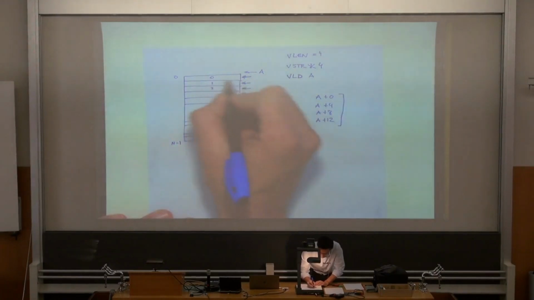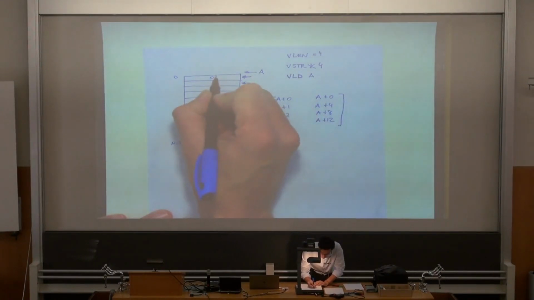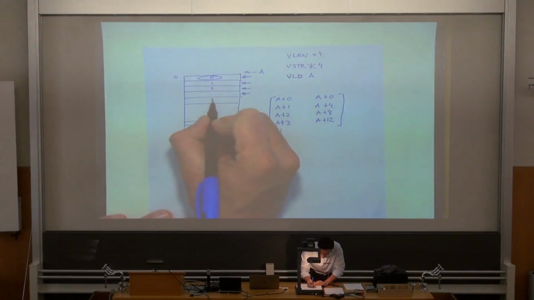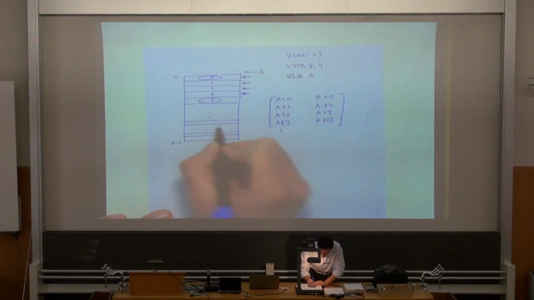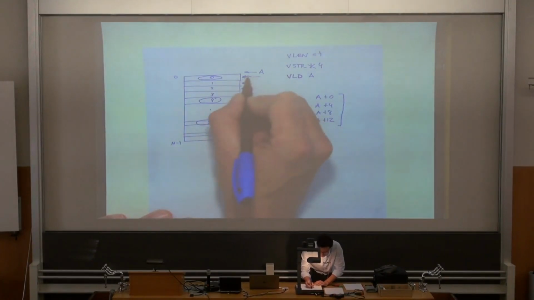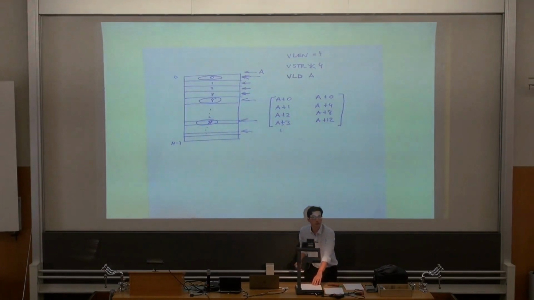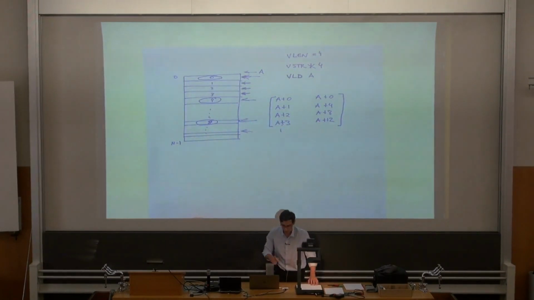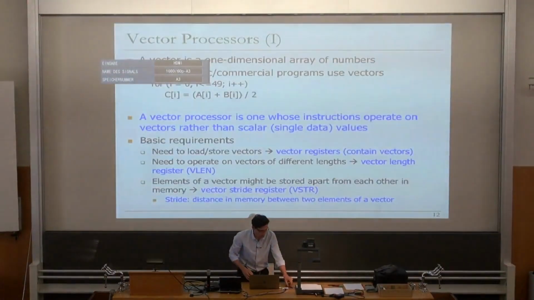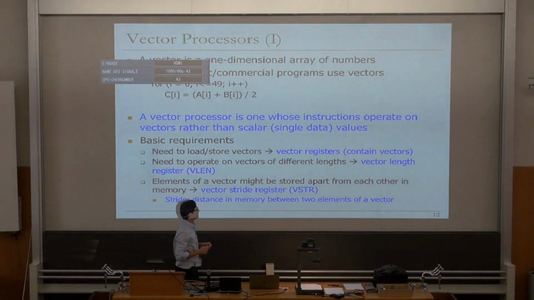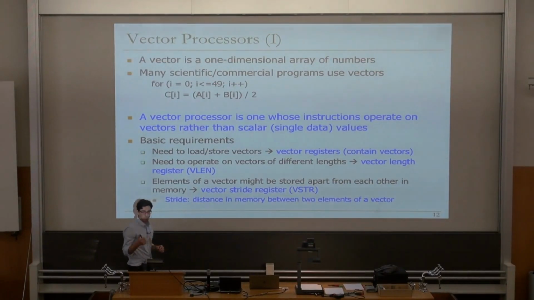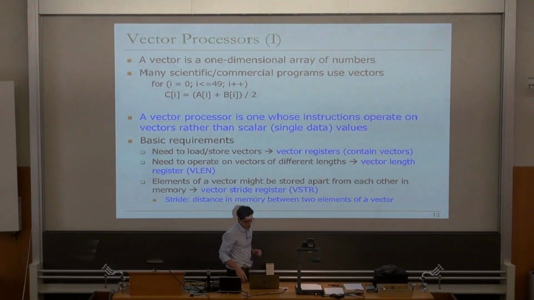So we would be reading this element and this element, and this is probably 8, this element. So we will be accessing here, here, here, and somewhere else. Okay? Let me go back to the slides. These are some of the basic requirements. We will talk later also about the vector mask, that is going to be useful for conditional operations.